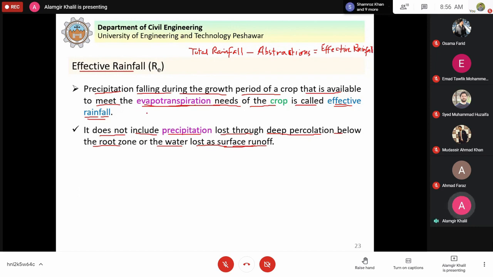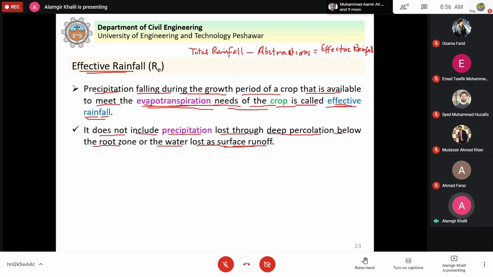But then there was a confusion, because in irrigation, people in agriculture say that effective rainfall is that part of the rainfall falling during the growth period of the crop that is available to meet the evapotranspiration needs of the crop.